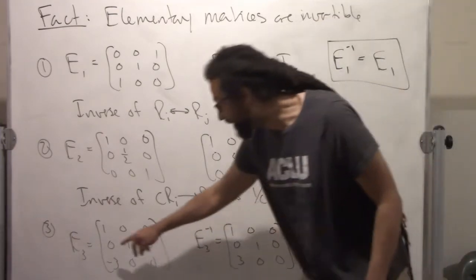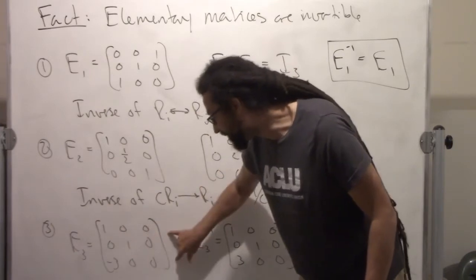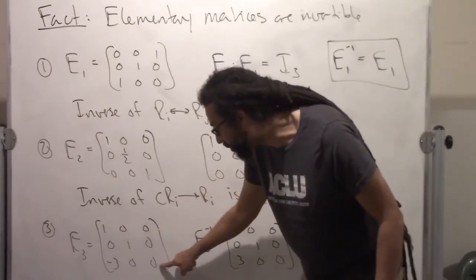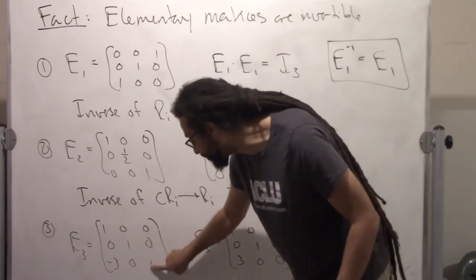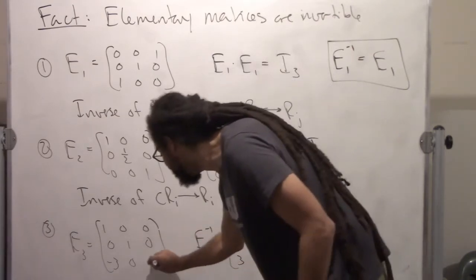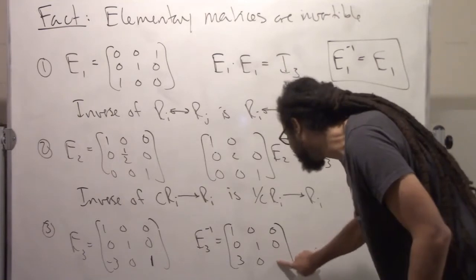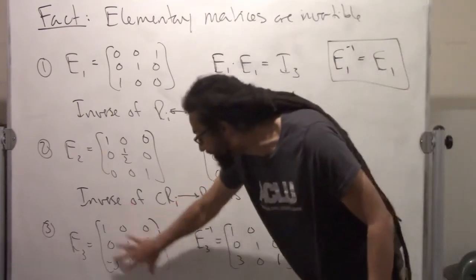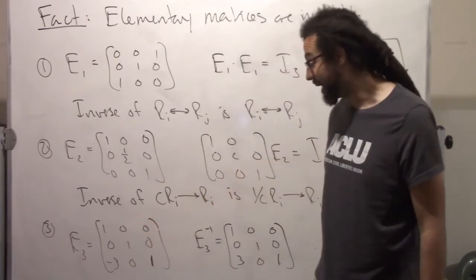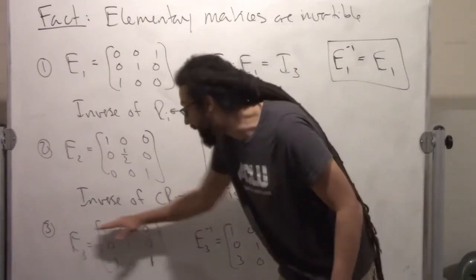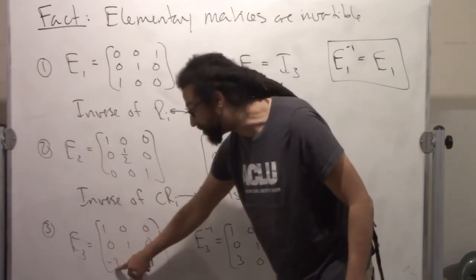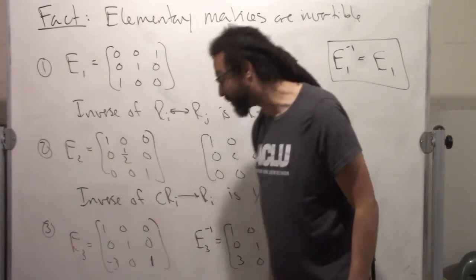And then finally, this was the elementary operation: add -3 times row 1 to row 3 and replace row 3 with that result. So how do I undo that? Well, do the same thing. How do I get this thing back to the identity matrix? Multiply row 1 by +3 and then add it to row 3 and replace row 3 with that result.